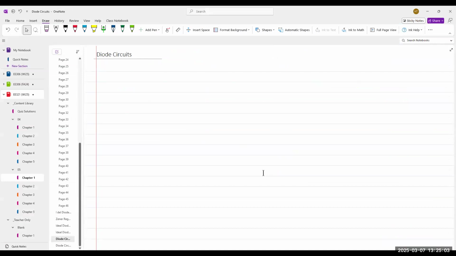We have a circuit which has two diodes, a straightforward circuit, then connected to a resistor. The resistor is connected to ground, and you're taking V out across that resistor.